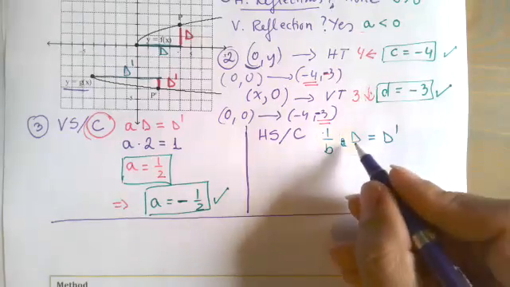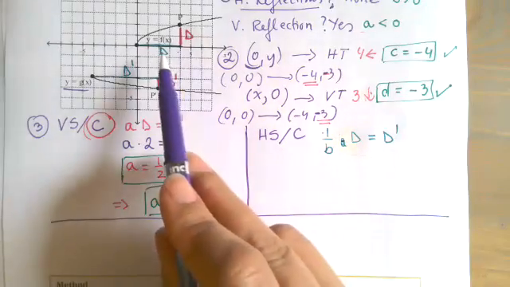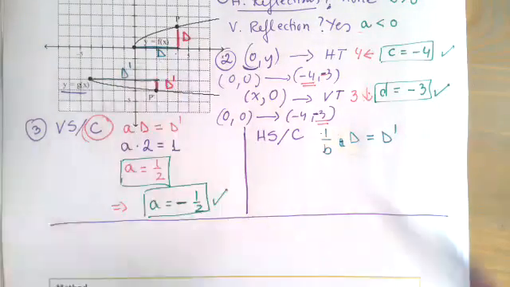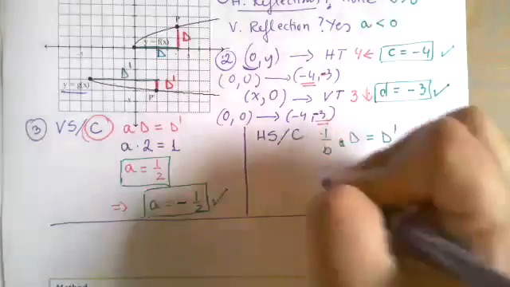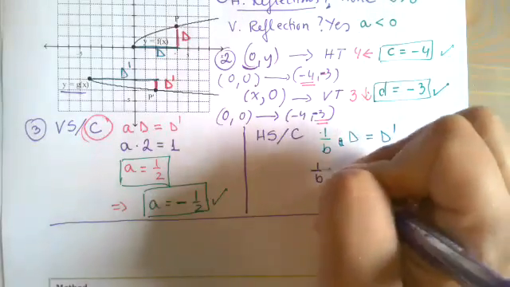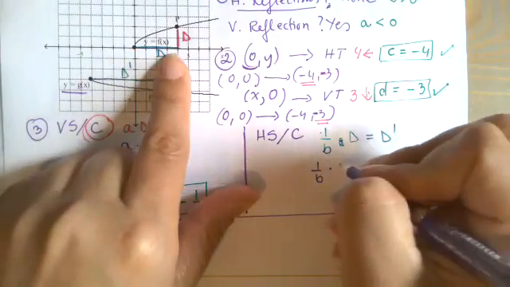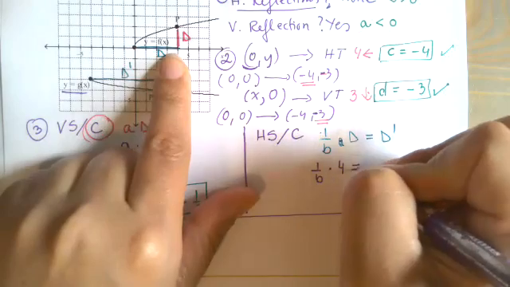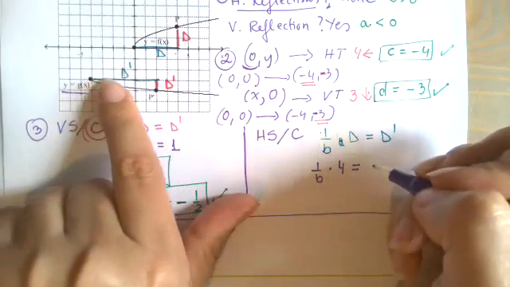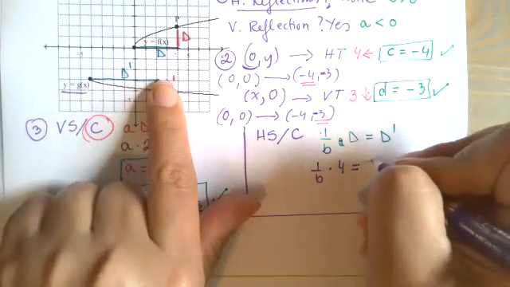And now let's replace D and D prime with the distances that we see from the graph. We have 1 over B times, this D is 1, 2, 3, 4, equals, and this D prime is 1, 2, 3, 4, 5, 6.